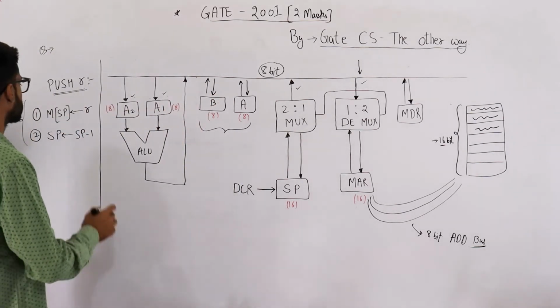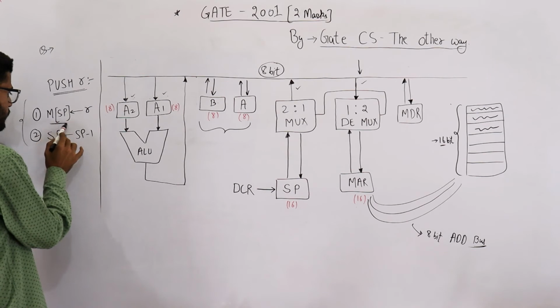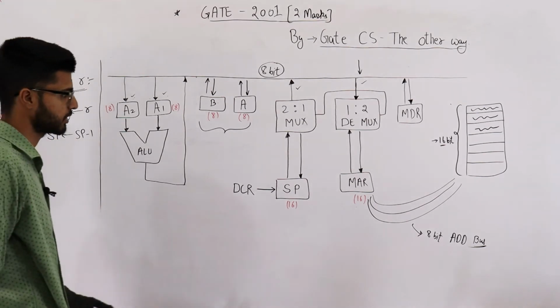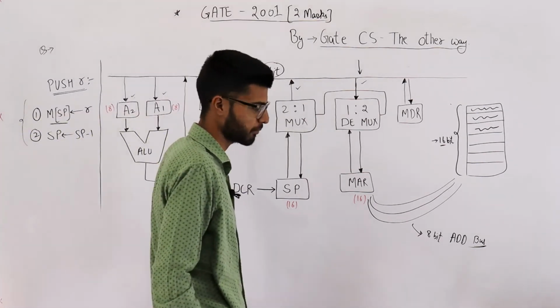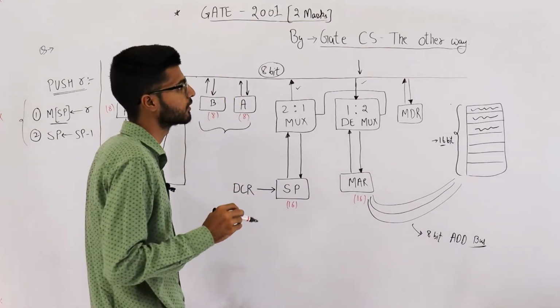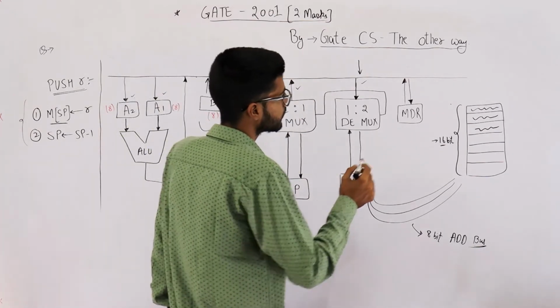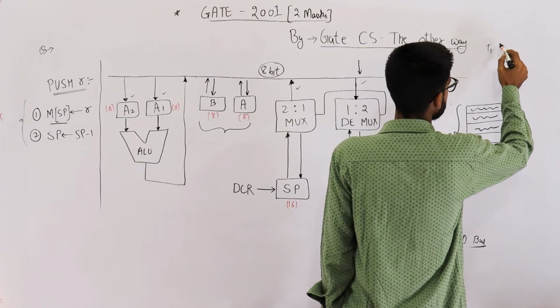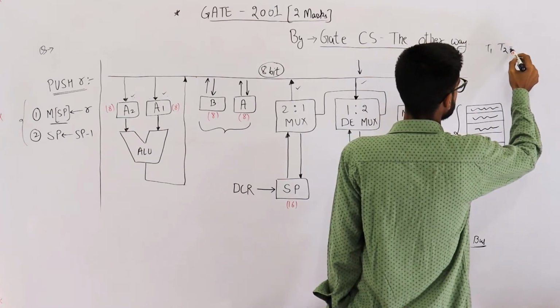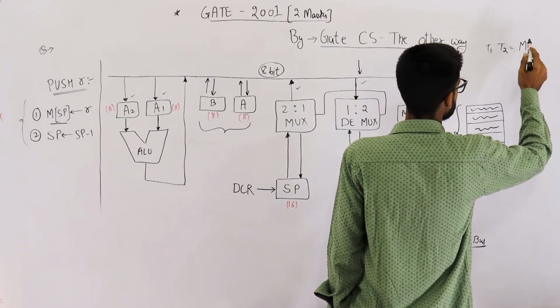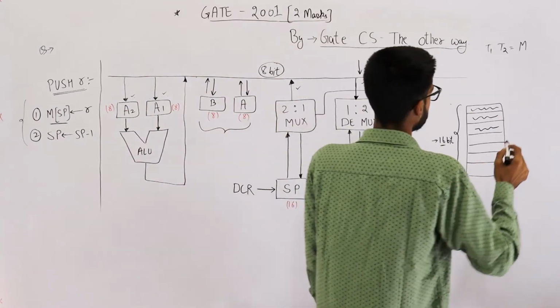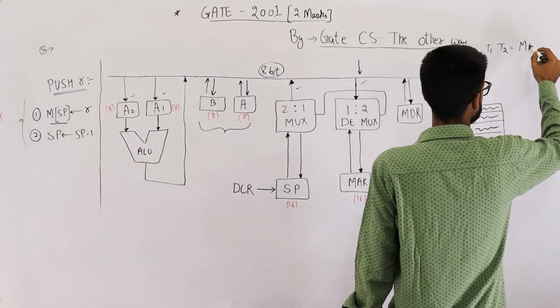What we need to do is address this location pointed by SP. That means this value needs to be moved into memory address register. 2 cycles, that means T1 and T2.